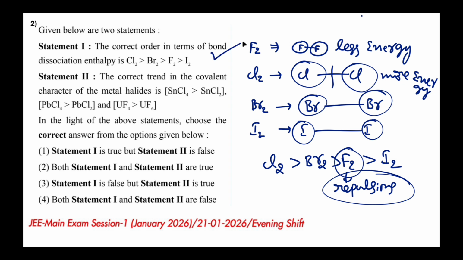So statement 1 is true. Here is one important point to remember: bond energy increases with increasing bond order. Bond energy is directly proportional to bond order.